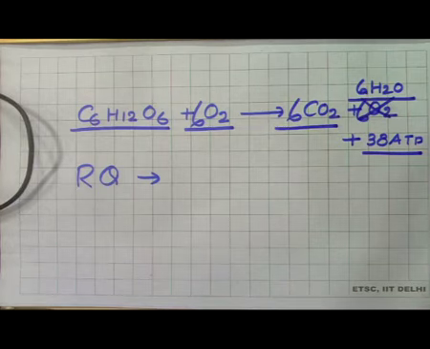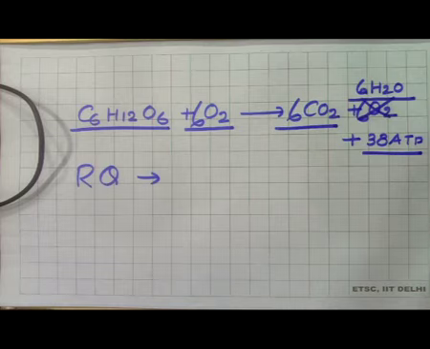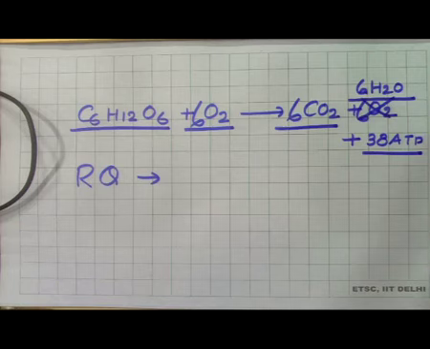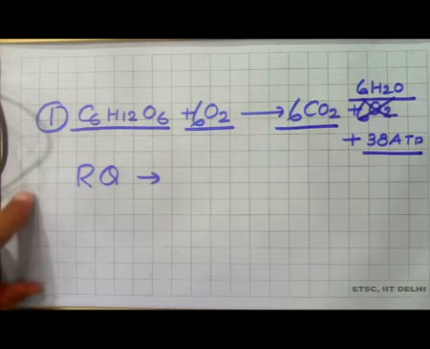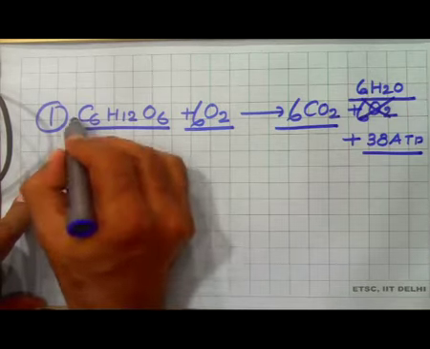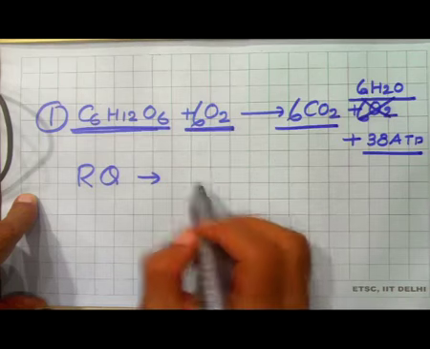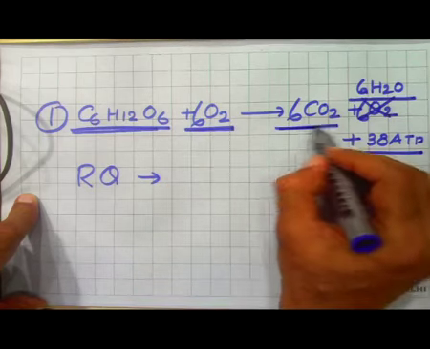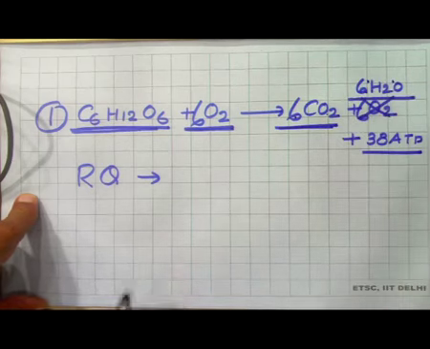It is defined as the ratio of the volume of carbon dioxide evolved to the volume of oxygen consumed. As in this reaction, when one molecule of glucose combines with 6 molecules of oxygen, it releases 6 molecules of carbon dioxide and 6 molecules of water.